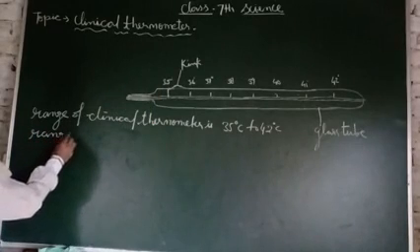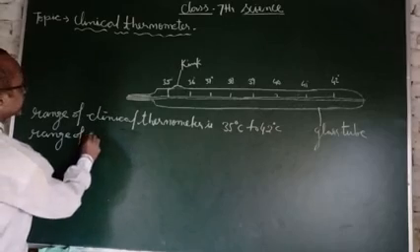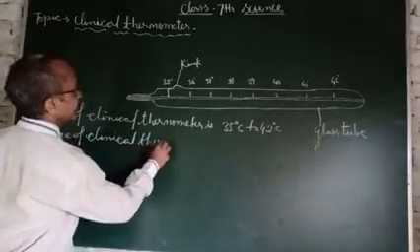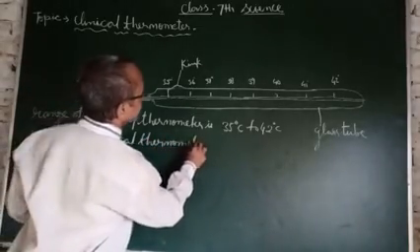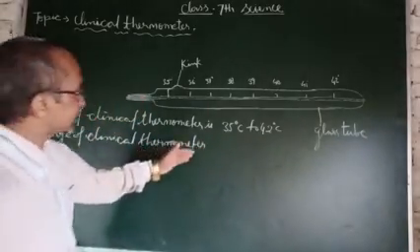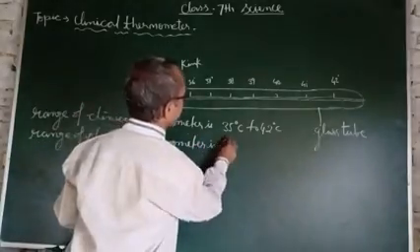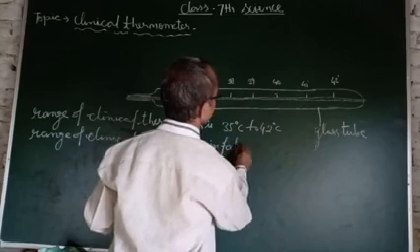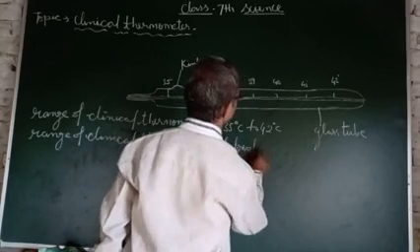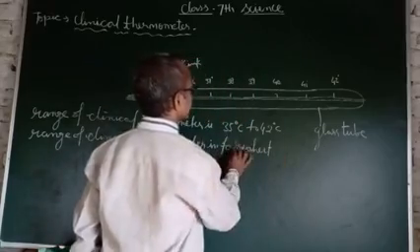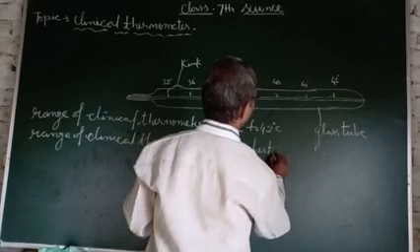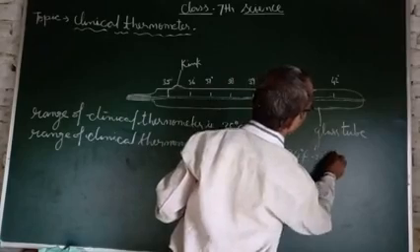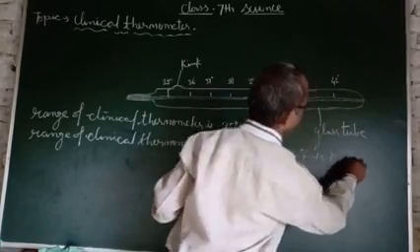The range of the clinical thermometer in Fahrenheit is 94 degrees Fahrenheit to 108 degrees Fahrenheit.